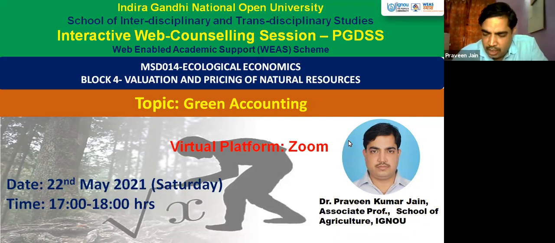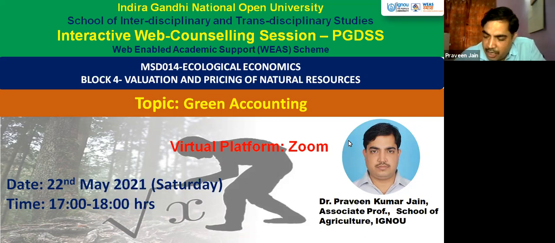No valuation method is perfect. Sometimes we have to use multiple methods, or verify the value using other methods. But today our task is to understand the process of including the value of ecosystem services in national income accounting.